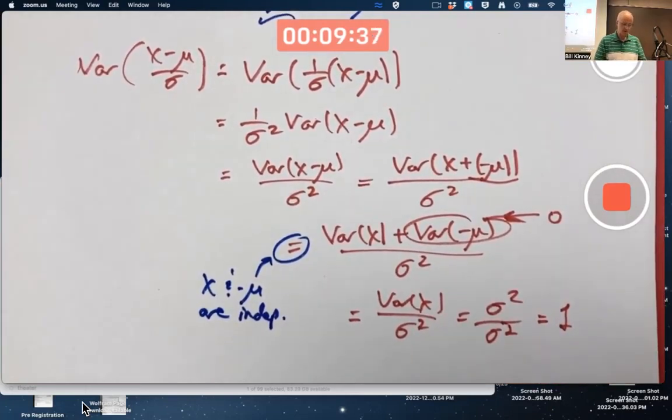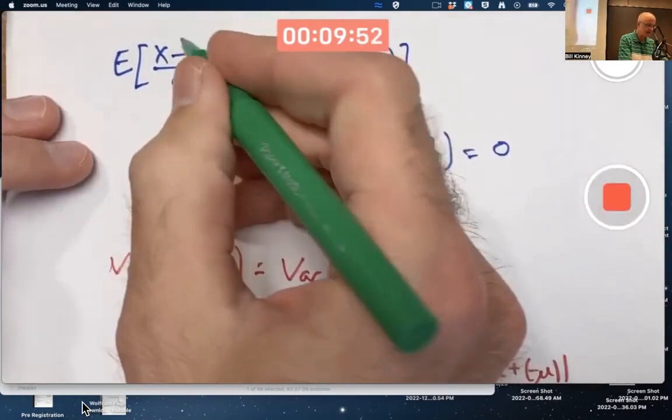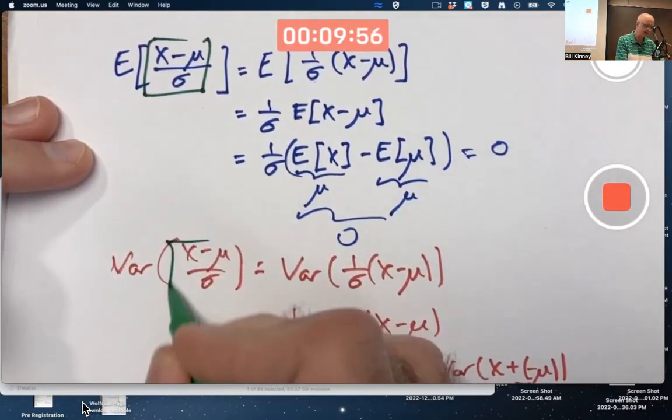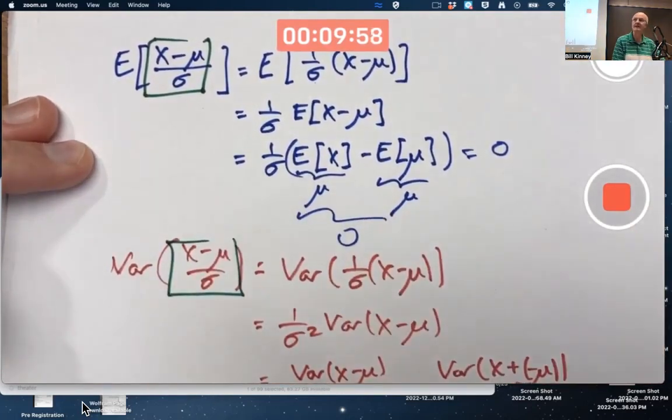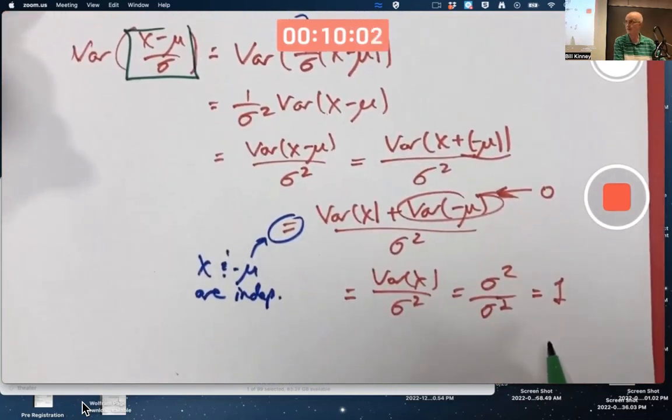What we just derived here is that when you get a random variable, any random variable, whose mean mu and standard deviation sigma, and also the variance sigma squared exist, then this new random variable created by computing x minus its mean and dividing by standard deviation will have a mean of 0 and a variance of 1, and also a standard deviation of 1, since the square root of 1 is 1.